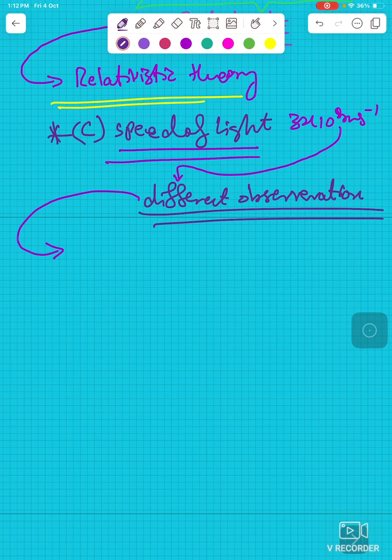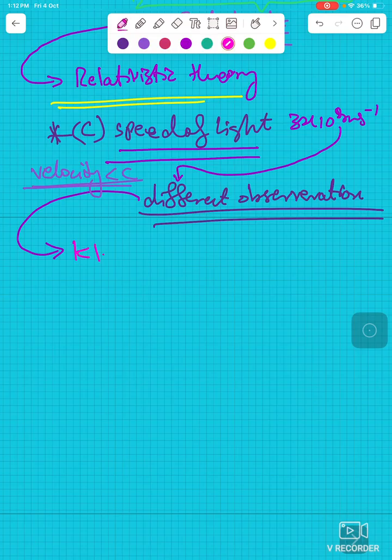Every frame of reference has different viewing points. The event which is happening is different for each frame of reference, with different velocity, which is less than the speed of light. It can never reach it.